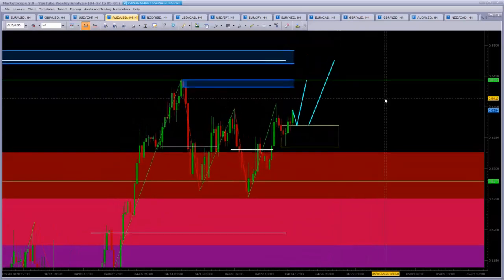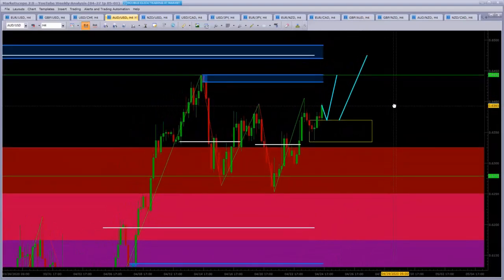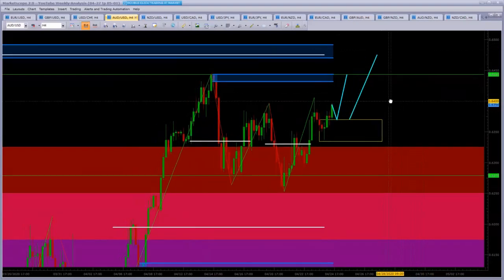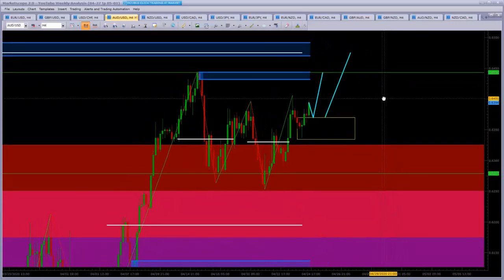I also do a lot of strong week analysis on all these pairs that I'm looking at. It doesn't necessarily mean I take them all. My strong week analysis has to coincide with the trade that I'm going to take as well. Anyhow, guys, that is the game plan for the Aussie dollar.